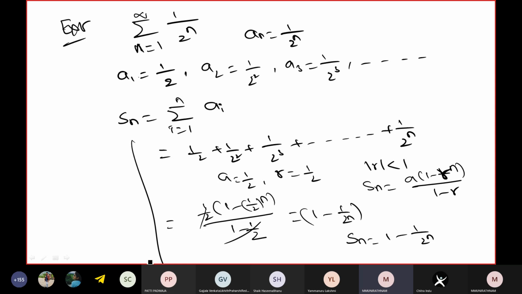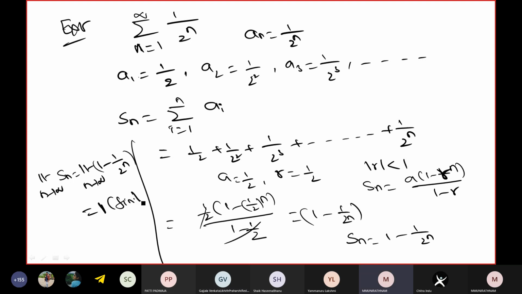What is the limiting case of this? What is the limit value? Anyone? 0? What is the limit of 1 minus 1 by 2 power n? 1, sir. 1.